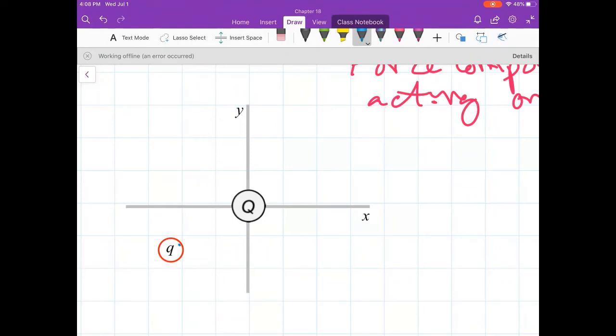The force acting on this, remember this is the negative, this is the positive, is going to be attracted. So there's the force. The y component is there. The x component is there.